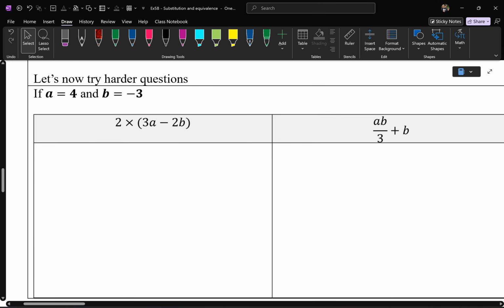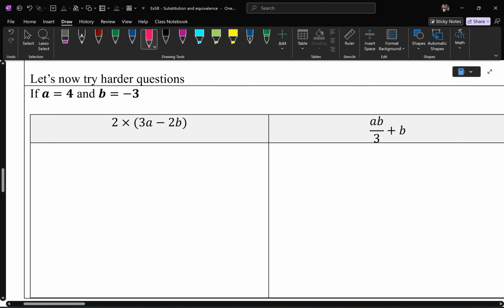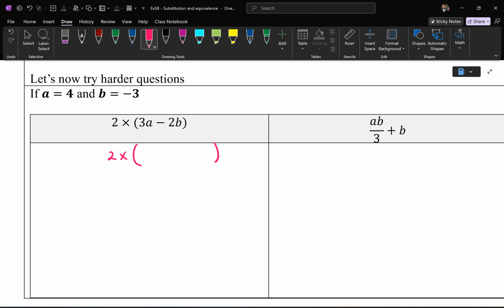Further down, let's try this example now. You got 2 times. Now inside the brackets, what does 3a mean? 3 times a. Minus, what does 2b mean? 2 times b. Very good. Now we do substitution. We're going to replace the numbers.